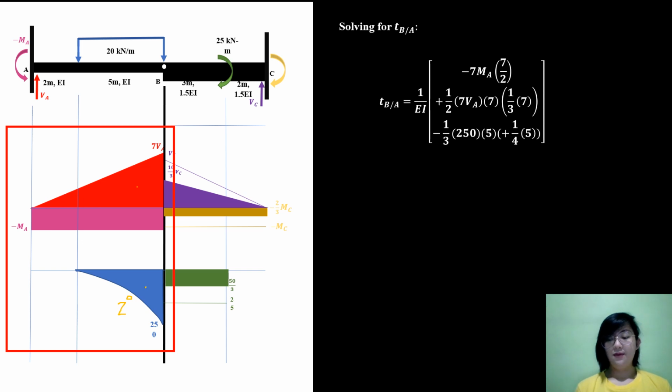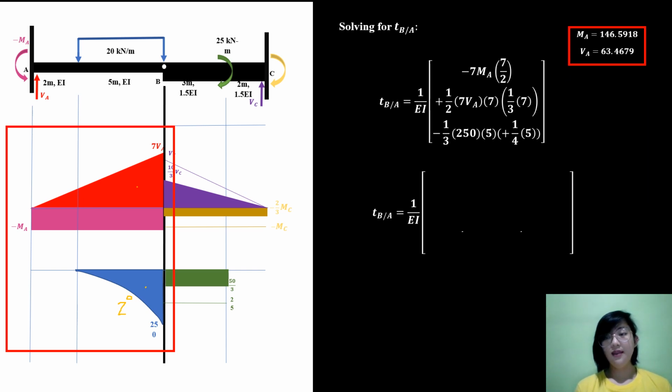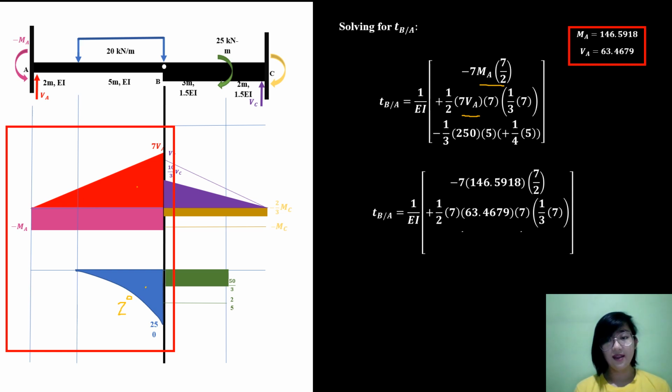So, simplifying this equation, we need ito, MA and VA, kasi we have VA here, and MA. So, isa-substitute natin siya. So, negative 7 times 146.5918 times 7 over 2 plus 1/2 times 7 times 63.4679 times 7 times 1/3 times 7.